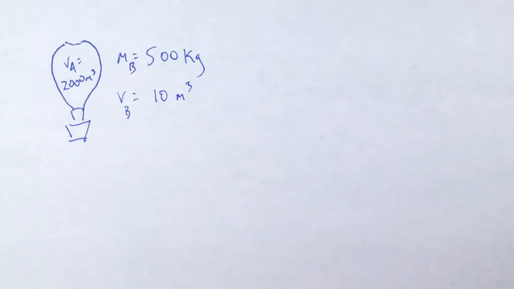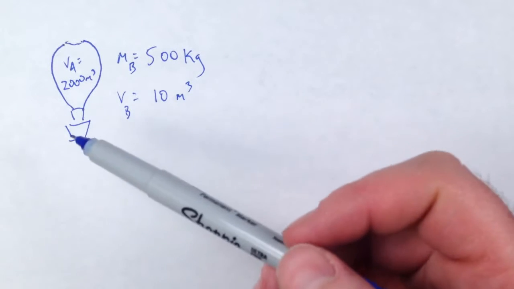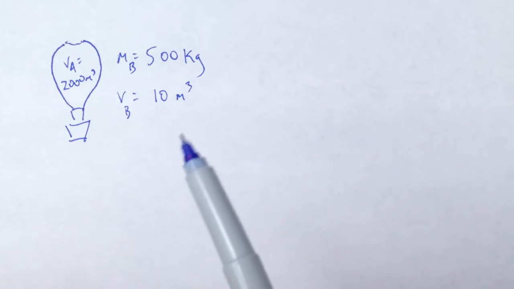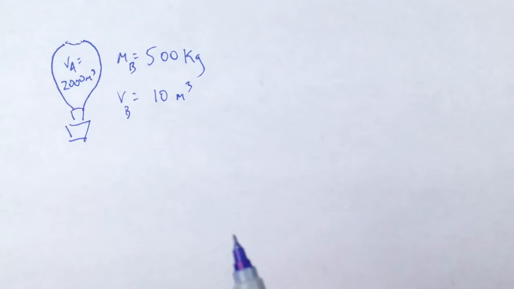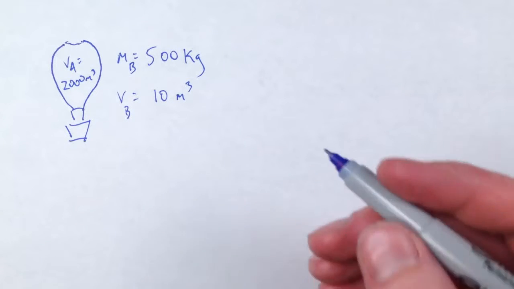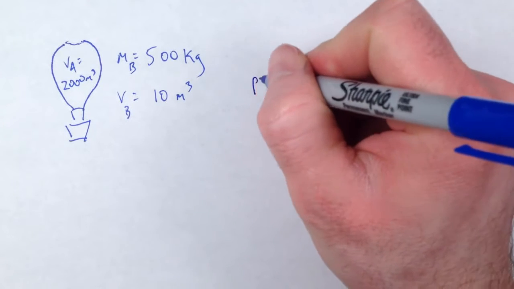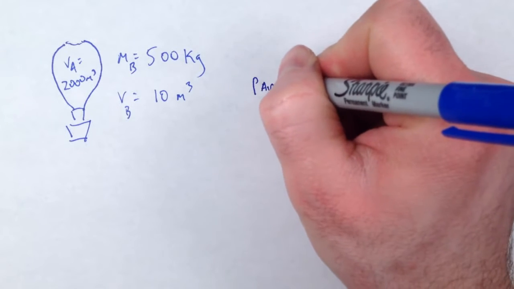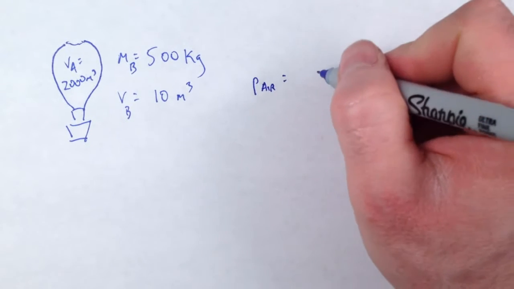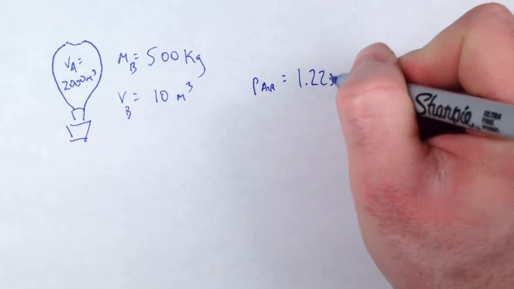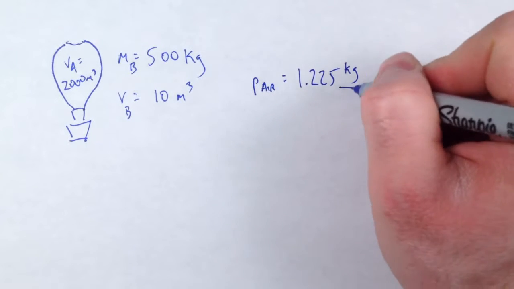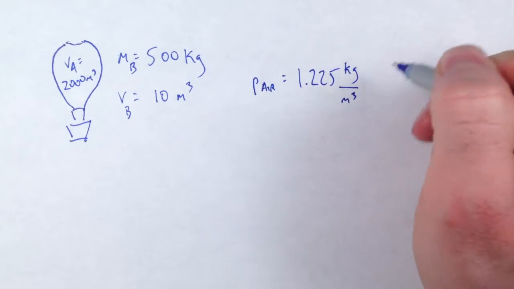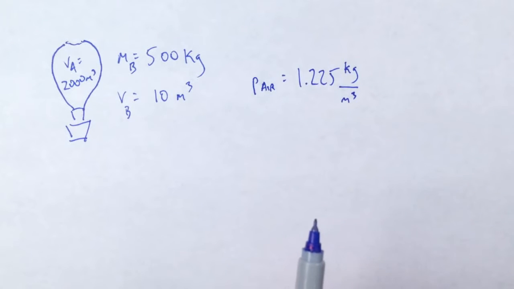And if you remember, the point of the problem was we need to heat up the air so that it expands, some air molecules leave, and the density goes down to match the density of the air. So if you will recall, the density of air is equal to 1.225 kilograms per cubic meter.